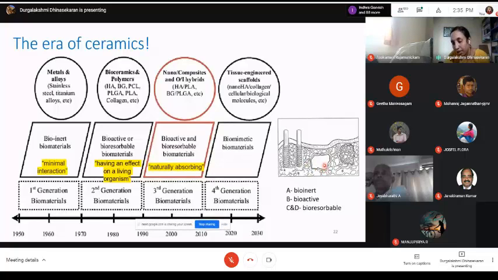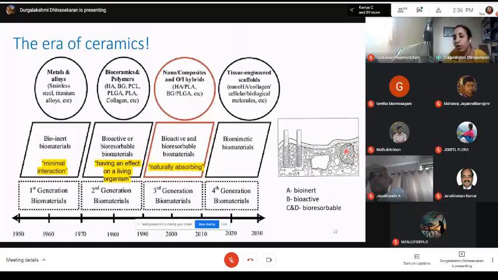So you can see there is an interaction between this material, the center white material, which is the medical material, and nearby this is a tissue, meaning there is an interaction there, and a layer is covered between this layer, meaning this layer is formed because of the interaction between this material and the nearby tissue.